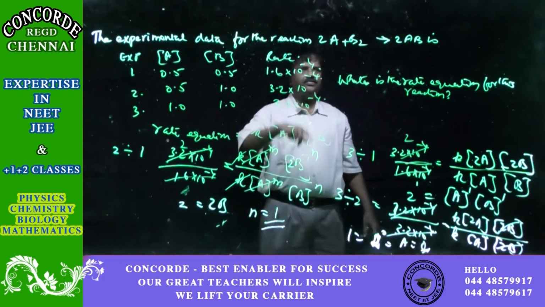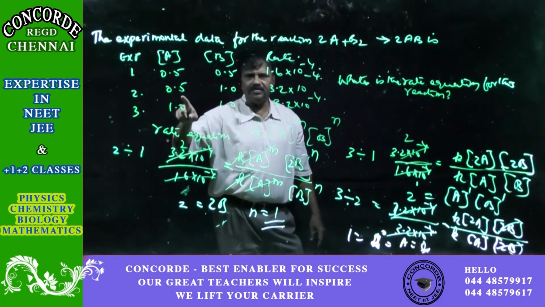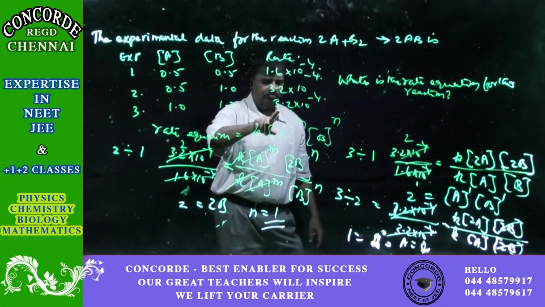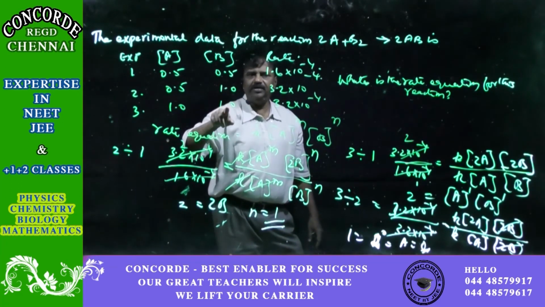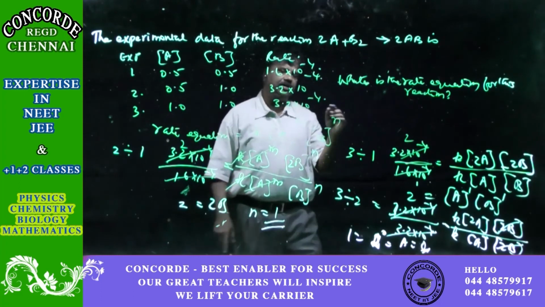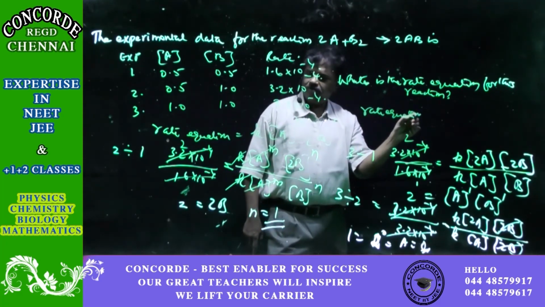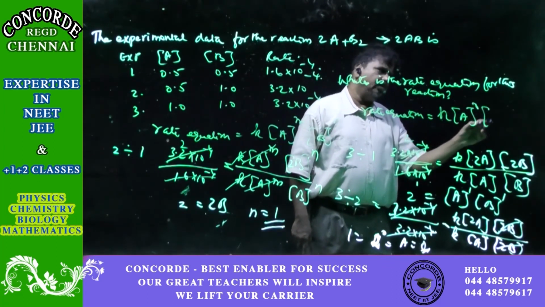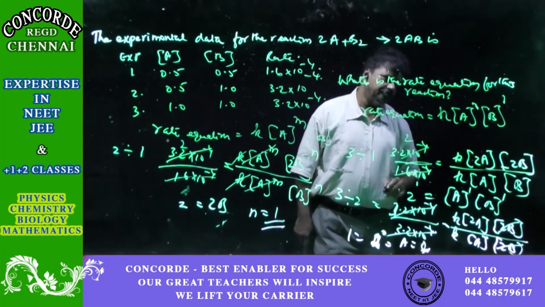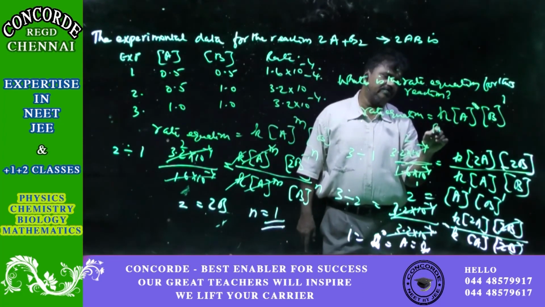So once you get this, when the concentration of A is doubled, the rate is not doubling. Okay, when the concentration of B is doubled, rate is doubled. So the rate law equation will be rate equals K into A power 0 into B power 1. Or this is a first order equation.